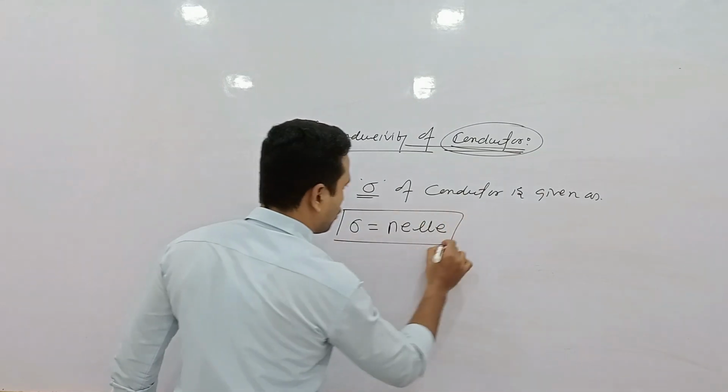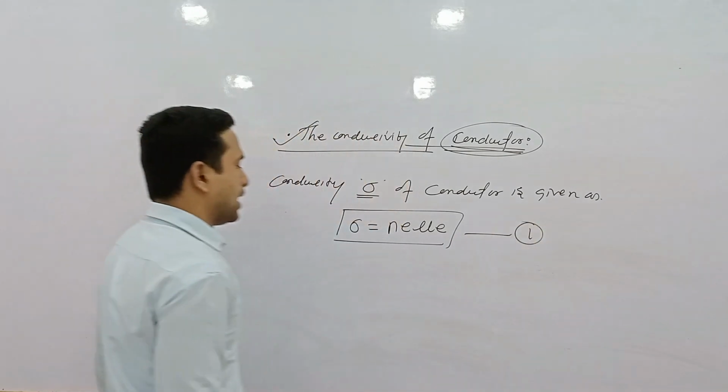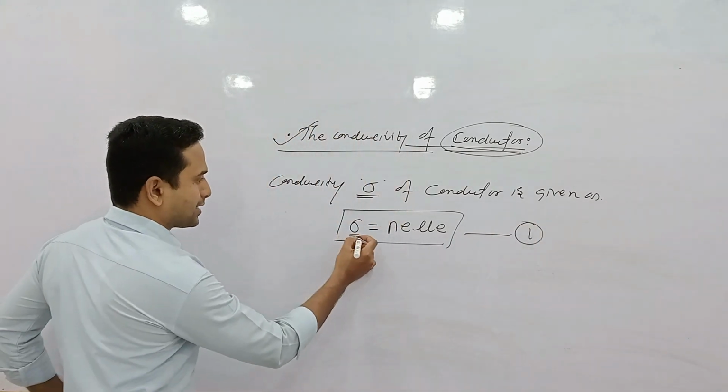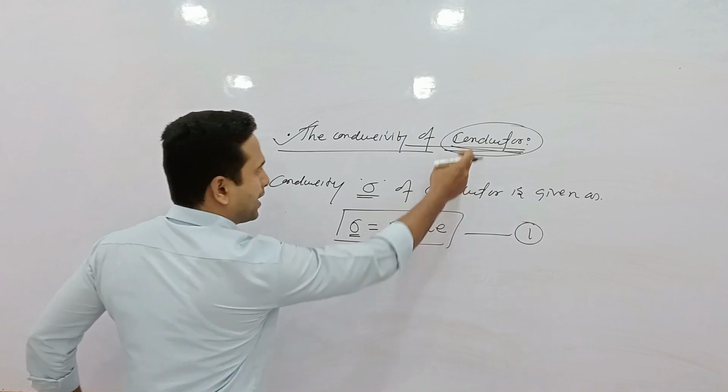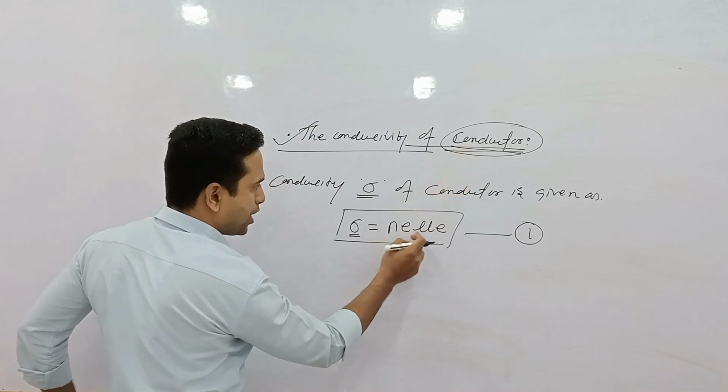See, एक नोटेशंस को टारगेट करेंगे. Sigma, कंडक्टिविटी इंडिकेट हो रहा है सिग्मा से, and the conductivity of conductor is given as n e mu e.